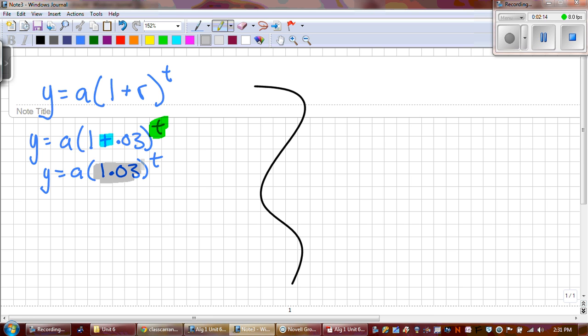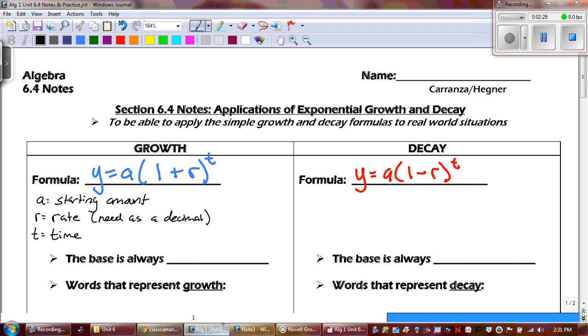And is that greater than 1 or is it less than 1? Okay, it is greater than 1. That's our base. So the base is greater than 1. That's important to know because right here it says the base is always greater than 1. Okay, you need to look at the base.